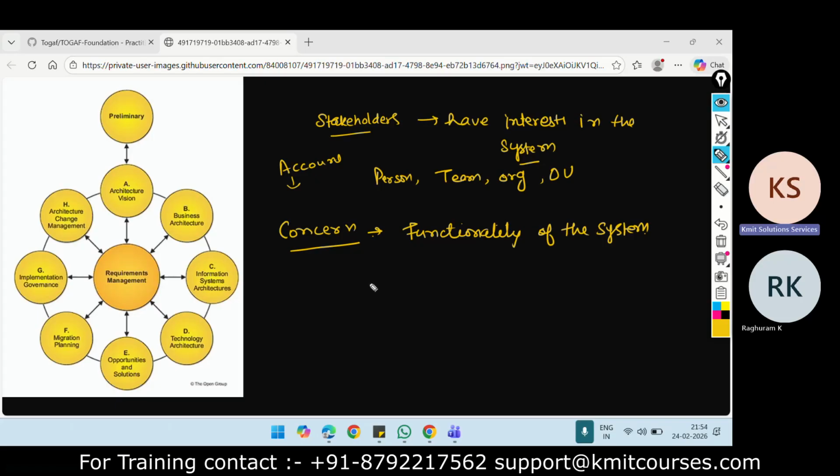The functionalities which we are defining should be accepted by the system. If there is any flaw or gap in that functionality, that is a concern. It can be related to your requirement or requirement type.